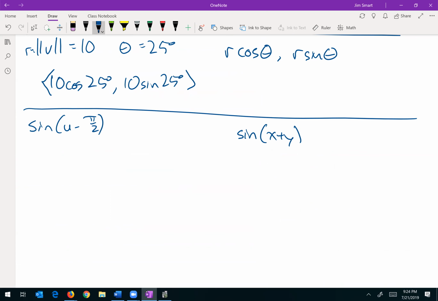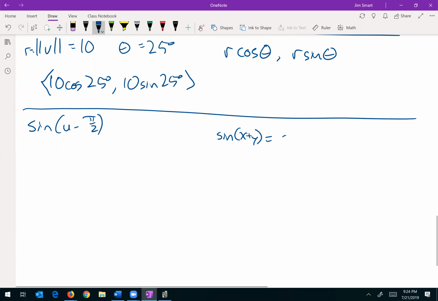Sine of x plus y is sine x cosine y plus cosine x sine y. I say sine cosine plus cosine sine. So if you remember that, then for the subtraction formula, you just change the middle to a minus.